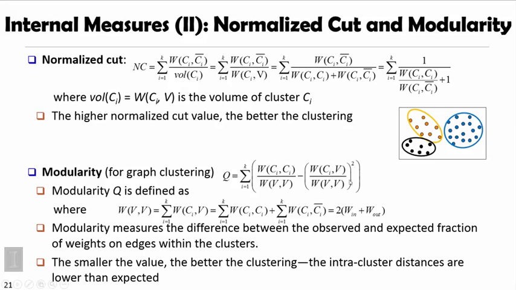This is the expected one. So modularity actually measures the difference between the observed one and the expected one. So the smaller the value, the better the clustering, because the intra-cluster distances are lower than the expected one. So this is the modularity definition used for graph clustering.